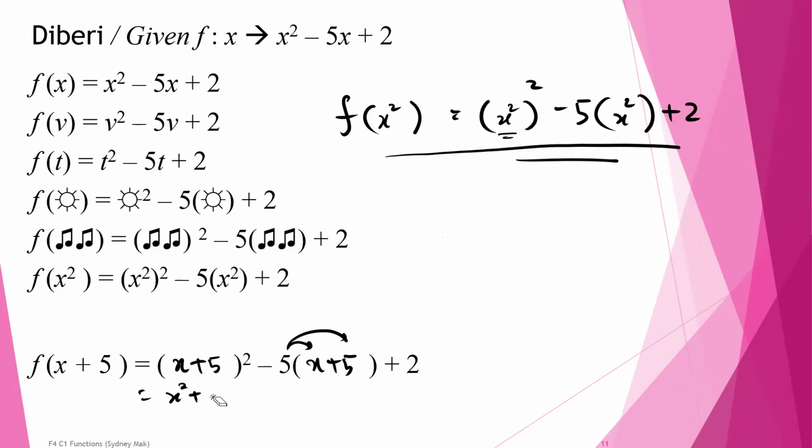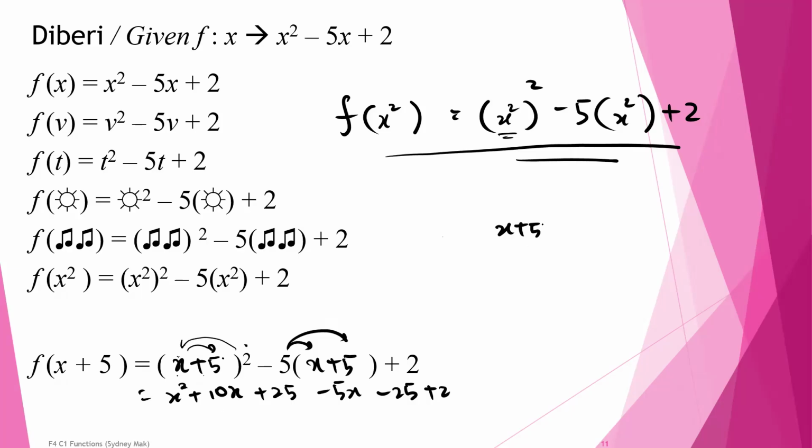Sorry, it's not 25x. 10x plus 25. Negative 5 times x is negative 5x. Negative 5 times positive 5 is negative 25 plus 2. Are you okay? You expand this one, x squared plus 2 times x times 5. That's the expansion.